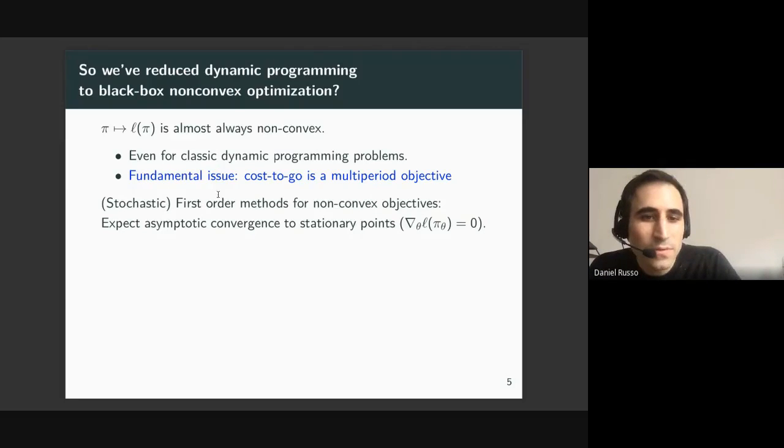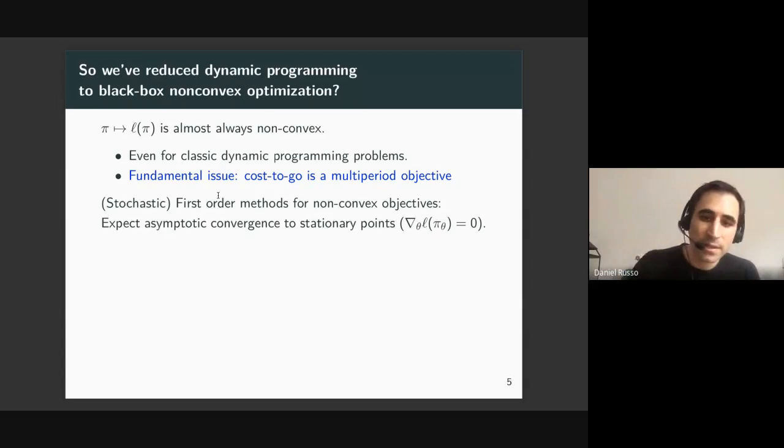Now, what's understood is that you'd expect even stochastic first-order methods to converge asymptotically to some kind of stationary point. Stationary points in unconstrained optimization are just points where the gradient of the loss function is 0. So we expect gradient descent makes progress, makes progress, makes progress until some point where it gets stuck.